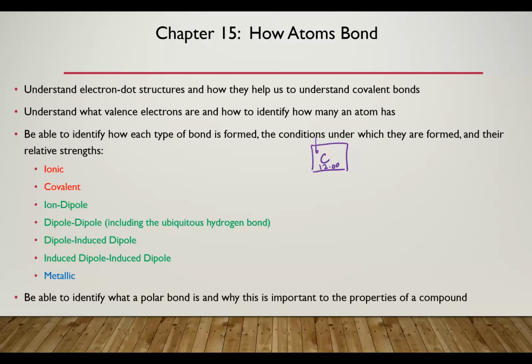And so it has 6 valence electrons because it has the same number of valence electrons as it has protons. And then you just take, for the shell, you're like, how many of those are in the first 2 columns and the last 6 columns? The valence electrons are only going to be the first 2 columns and the last 6 columns. And so with carbon, all of those are valence electrons.